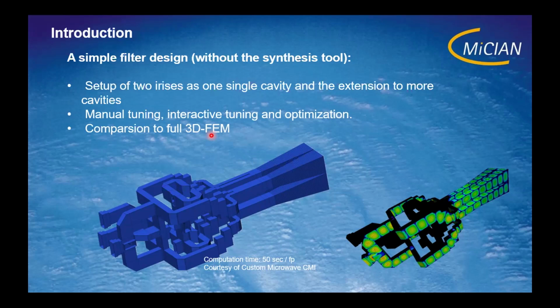Our software is capable of using different solvers, and you can compare the accuracy of our design. 3D FEM means you simulate your structure in a mesh, so you are working mesh-wise. That's the idea behind it.